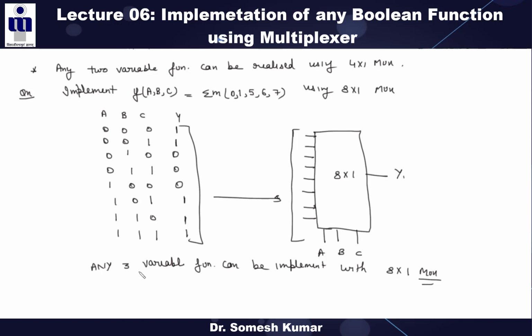So you can also generalize this statement: any n variable function can be implemented with a 2 to the power n into 1 mux, right?